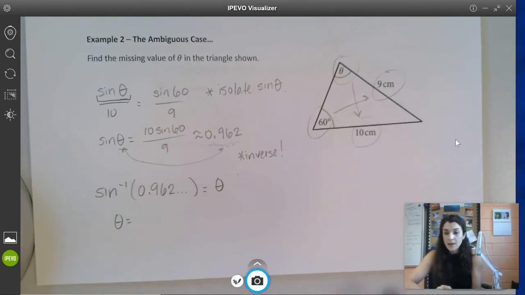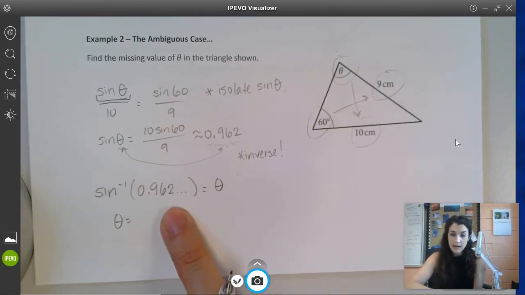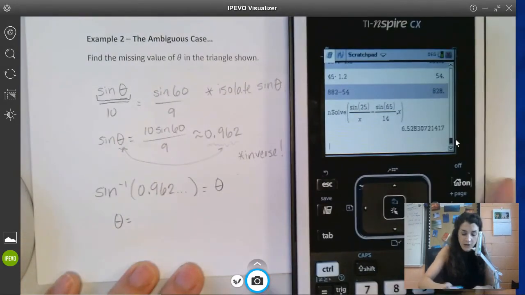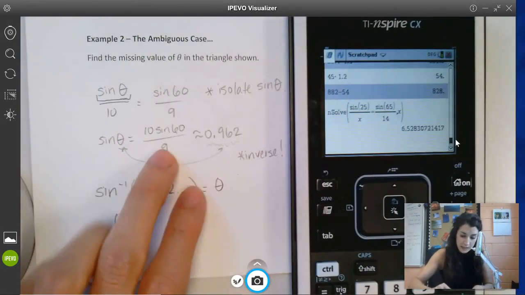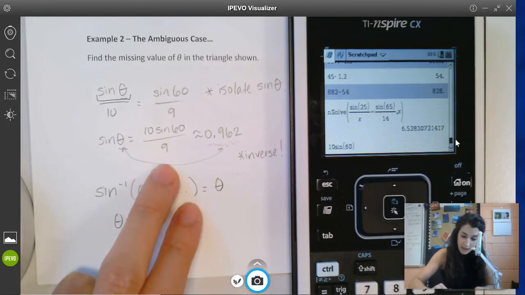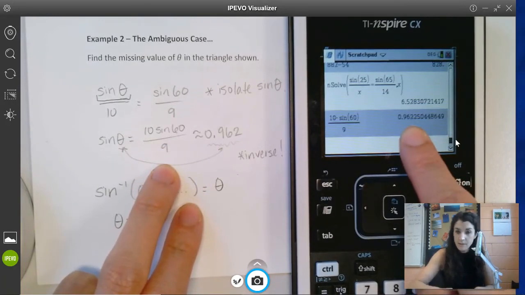Really, really important with trig: do not type in 0.962 into your calculator. You need to use the exact value that's in your calculator. So for instance, 10 times sine of 60 divided by 9 equals that, right?